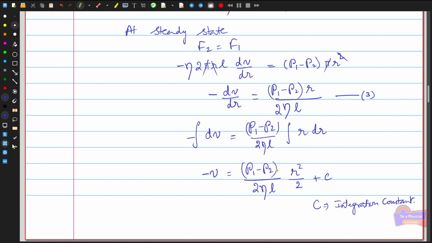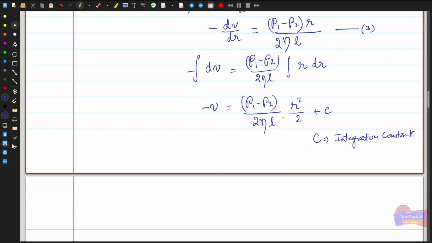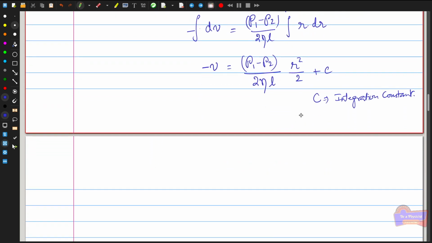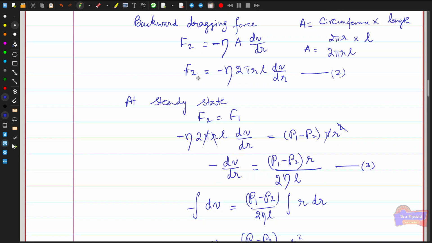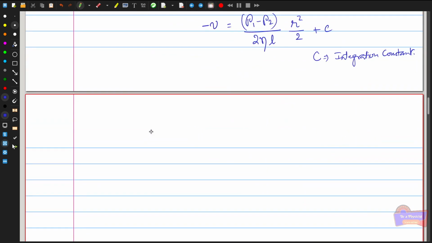If you want to find this integration constant, in this equation put r equal to a, that is, the radius of the tube. At this point the velocity is equal to 0, because the velocity is 0 near the wall of the capillary tube.